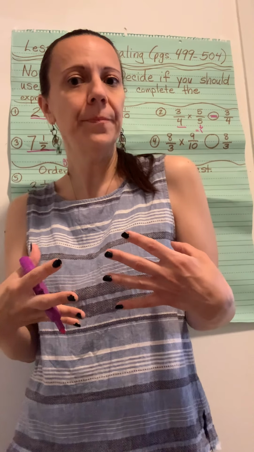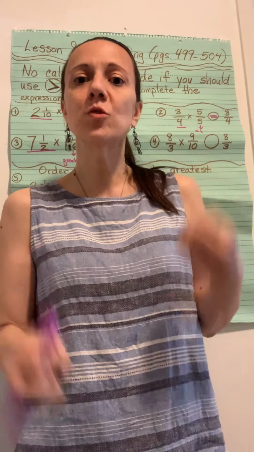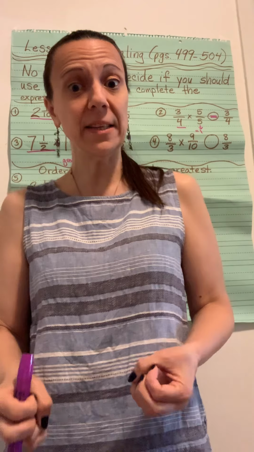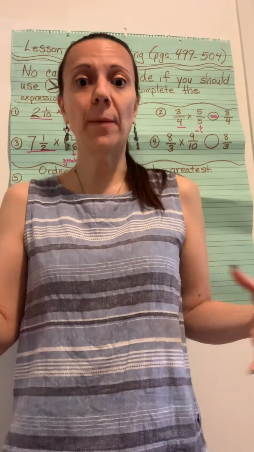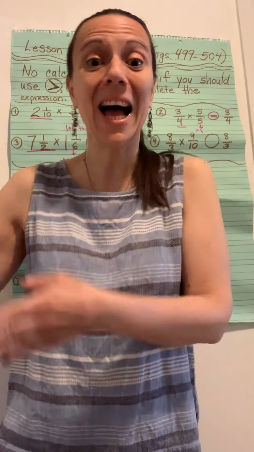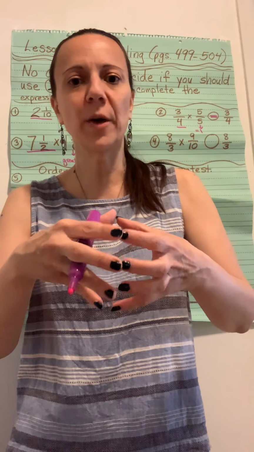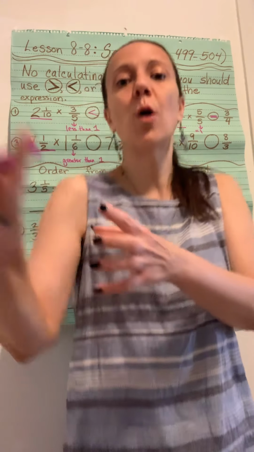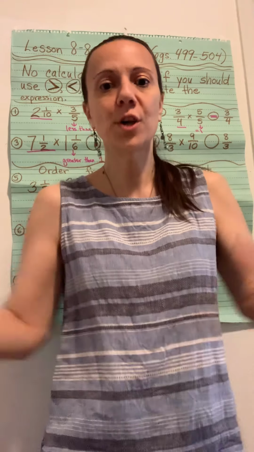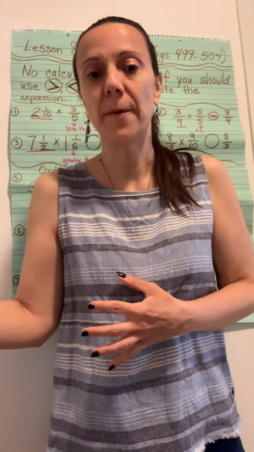It means I'm starting with 7.5 of something, and I want to multiply it times 1 1/6, which means I want more of it. If I'm doing 1 1/6 times something, that means that times 1 would be the whole thing that I started with plus an extra 1/6 of it. So it's 1 and a little bit extra.